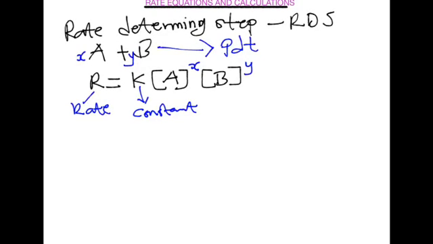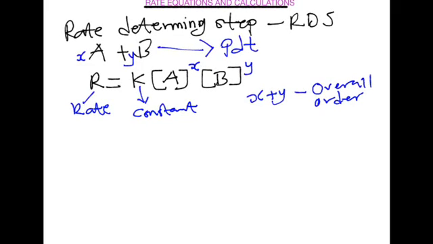So X is the order of reaction with respect to reactant A, and Y is the order of reaction with respect to reactant B. And when we add the two, X plus Y, we have what we call the overall order of the reaction.